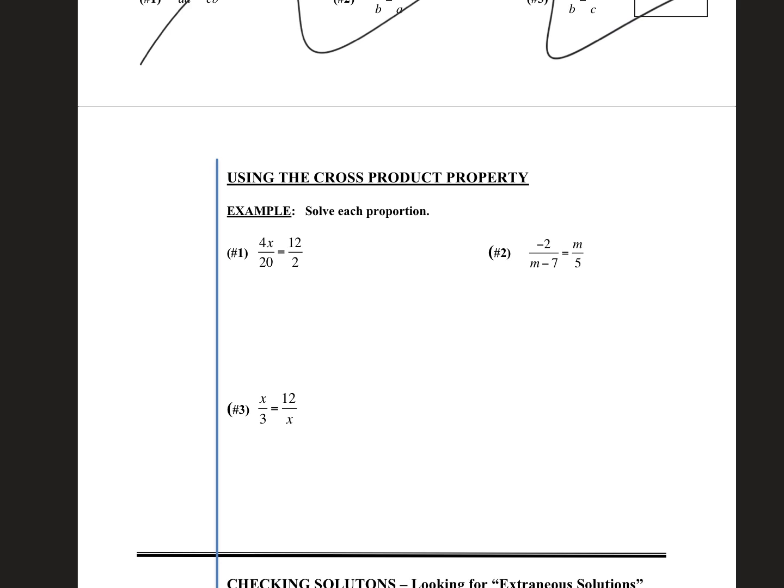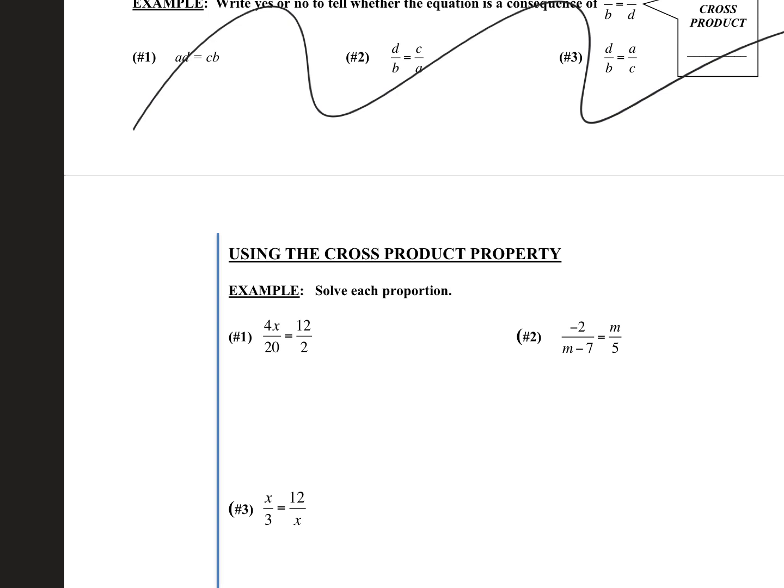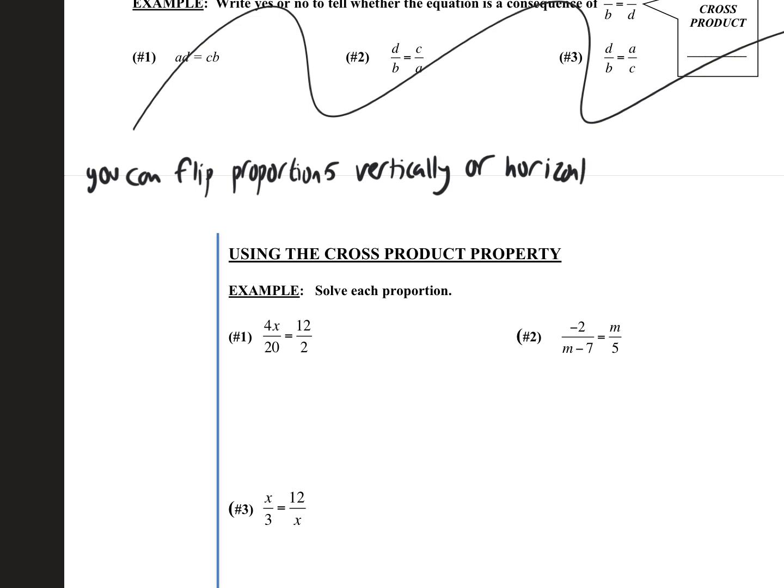Well, we have some things we want to talk about here. Before we get started, I want you to know, you should write this down, you can flip proportions vertically or horizontally, but not diagonally.